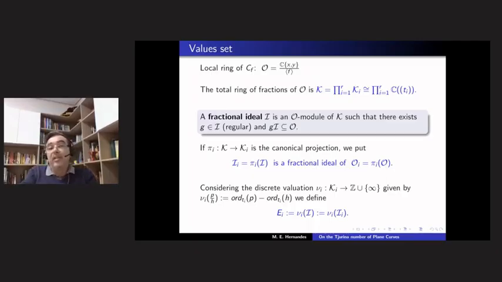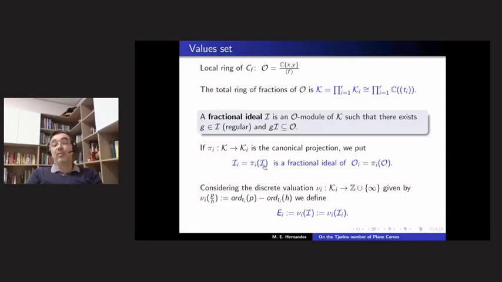That means that I admits a common divisor, G. In some sense, this is the same. And considering the projection of K to K_i, using the index i to denote the projection of the fraction ideal.